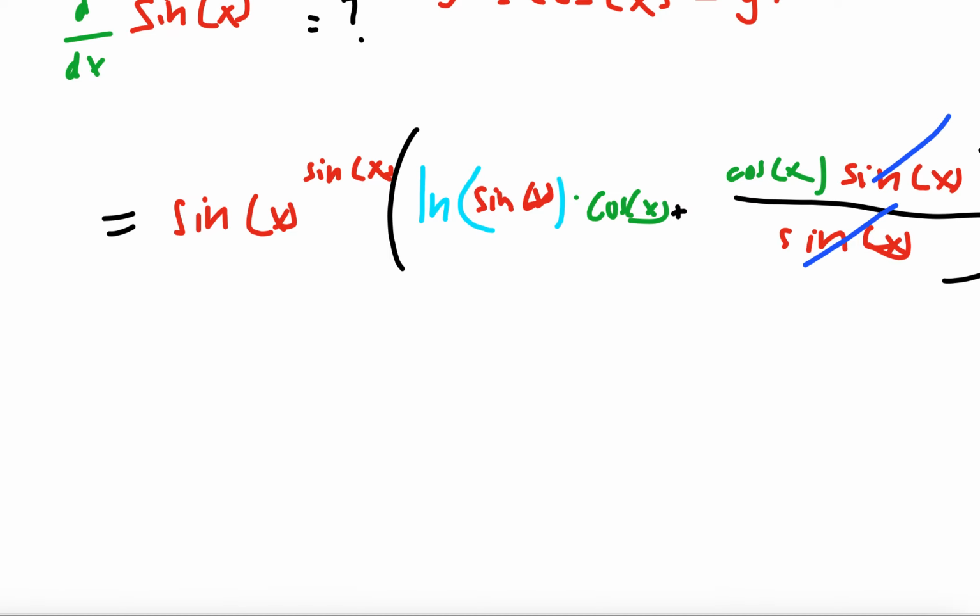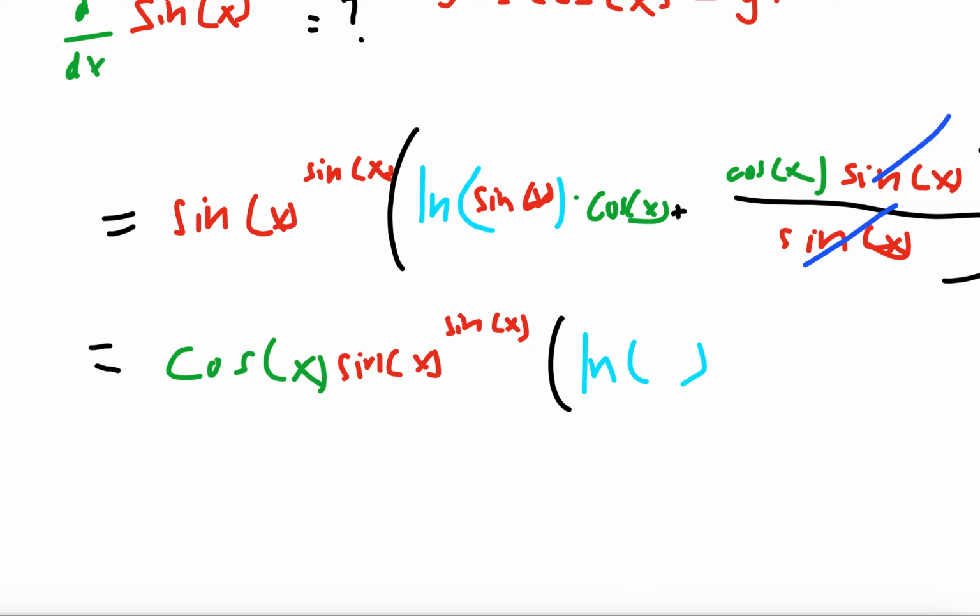And so what we get is ultimately the derivative with respect to x of sine x to the power of sine x is equal to, factoring out the cosine, cosine of x times sine x to the sine x power. And we multiply that by log of sine of x, right? Like this. And we add 1.